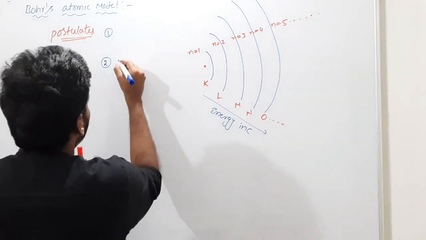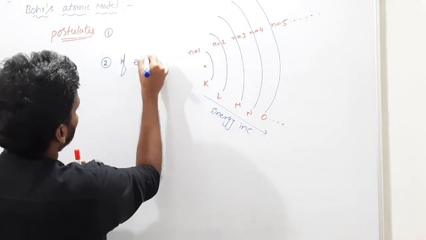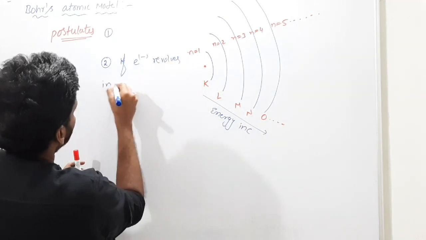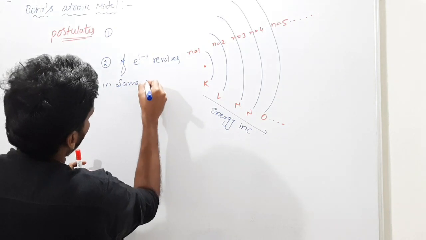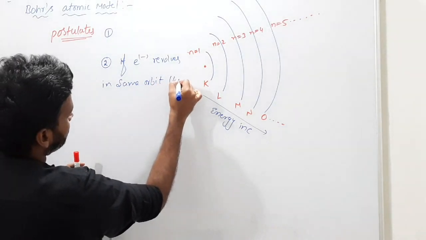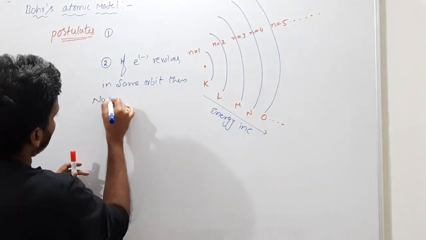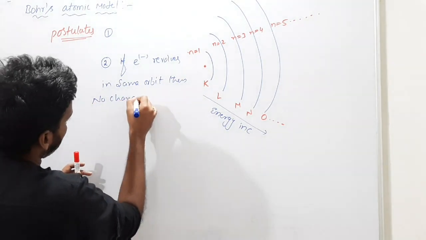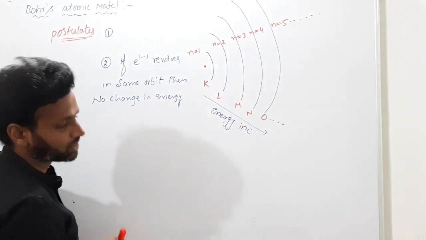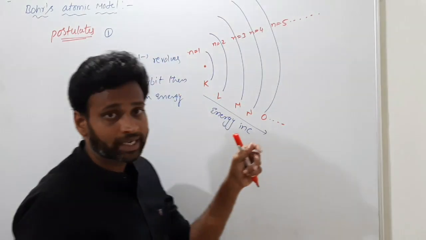The second point: if an electron revolves in the same orbit, then there is no change in energy. That is the second postulate. What is the first postulate?